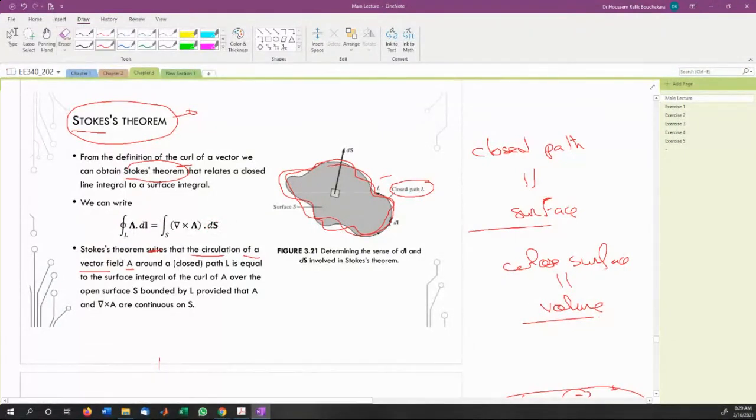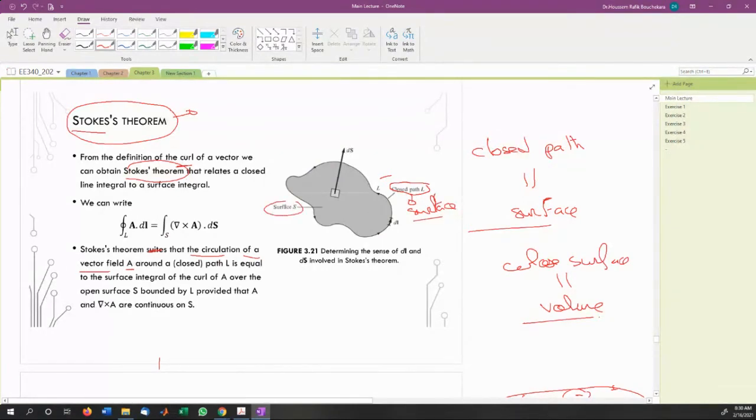Okay, Stokes theorem. It states that نفس الشيء إذا عندي closed path، إيش يعطيني closed path؟ حيشكل لي surface. Okay.